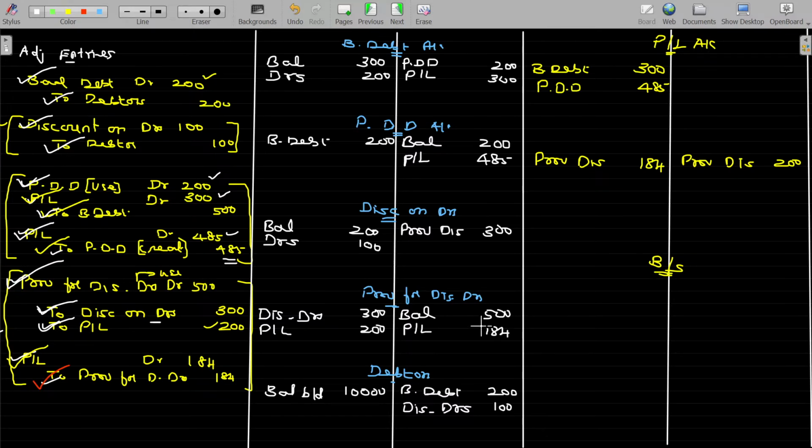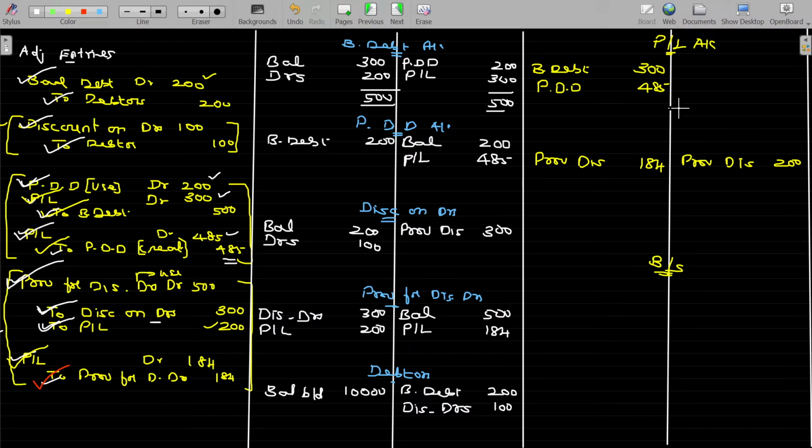Is that okay? By passing the entry, we can transfer to the concerned ledger, and from the ledger we prepare the P&L account as well as the balance sheet extract. Now, if I tally the bad debt, it's a nominal account, right? This will disappear hereafter, it will not appear anywhere.